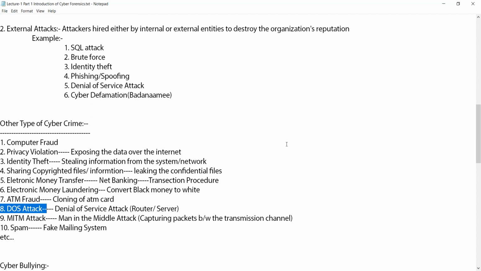These are the activities basically used by cyber criminals over different types of persons and organizations. So this is all about how cyber crimes occur.